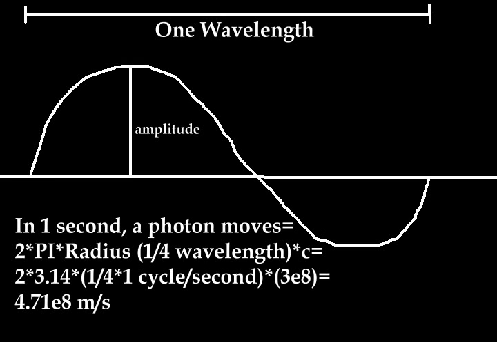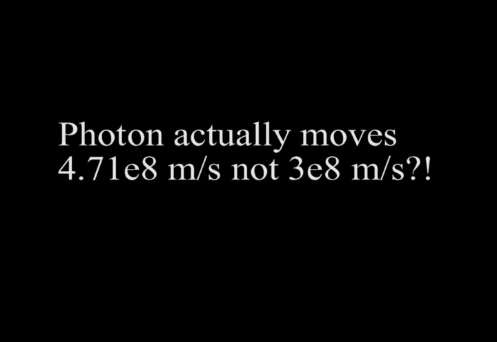This equals 4.71 exponential 8 meters every second. No matter what wavelength, a photon moves 4.71 exponential 8 meters every second in empty space.